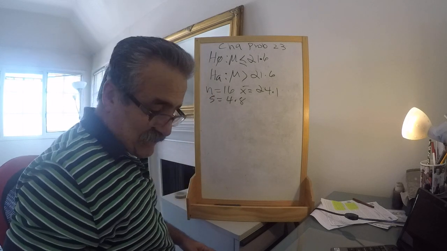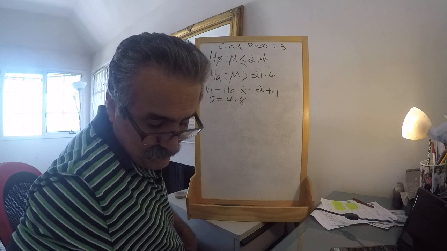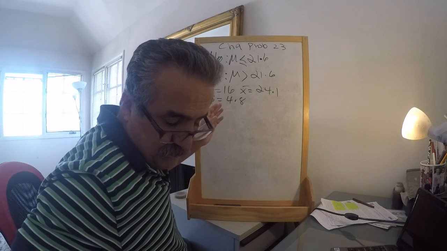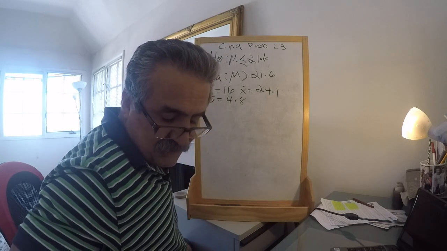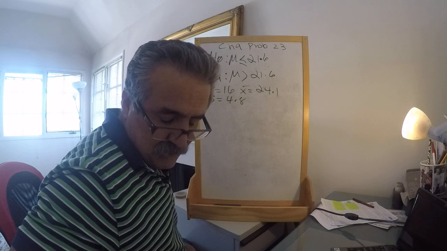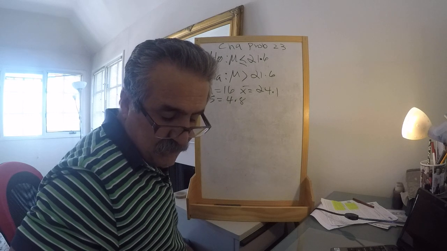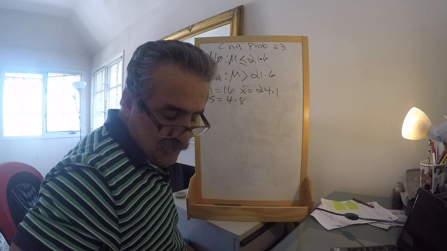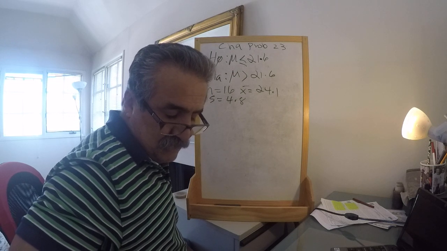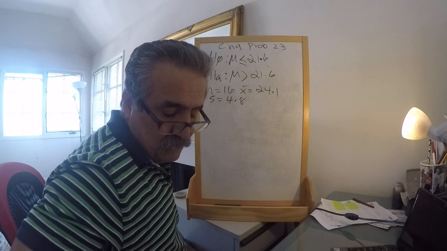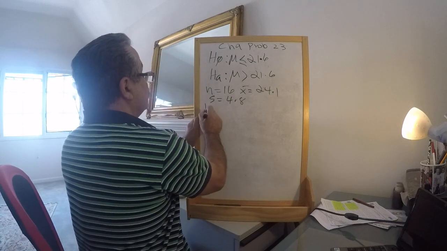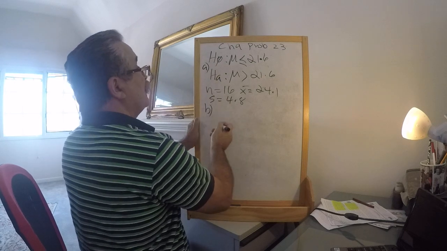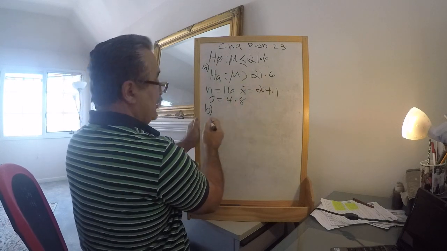Okay, now part A, develop that. Part B. What is the point estimate of the difference between mean annual consumption in Webster City and the national mean? In here, they just want us to find the difference. So this is for part A. For part B, the difference between this one and this one.